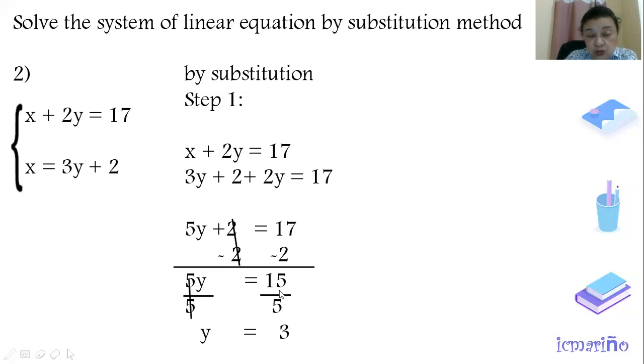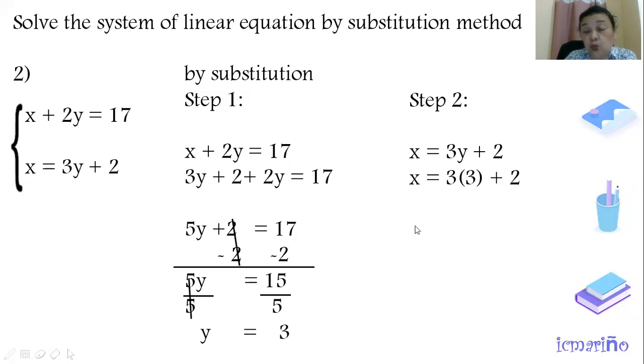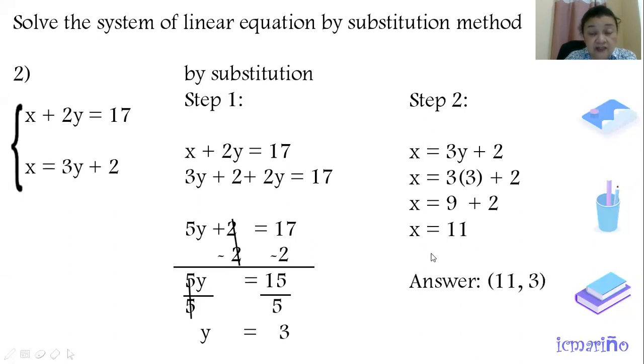And substituting the value of y to our equation, x equals 3y plus 2, that will be equal to 3 times 3 for the value of y plus 2. And x equals 9 plus 2, which will give us x equals 11. And our answer is 11 for x and 3 for y.